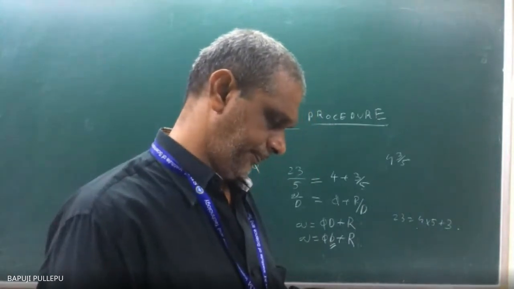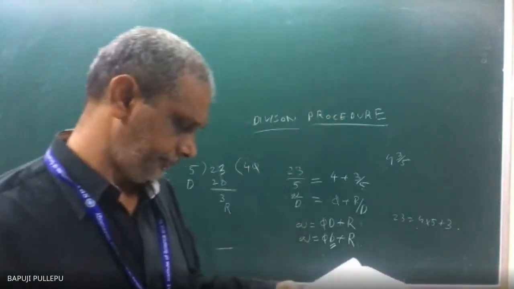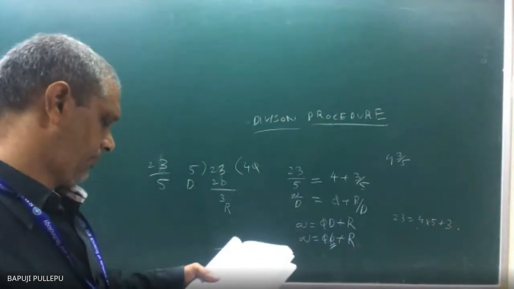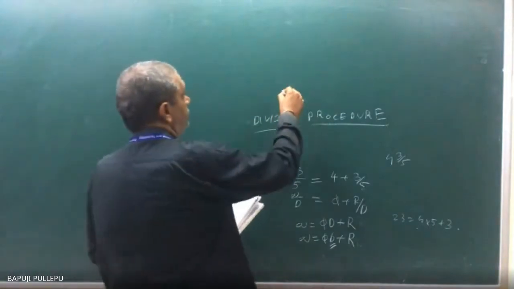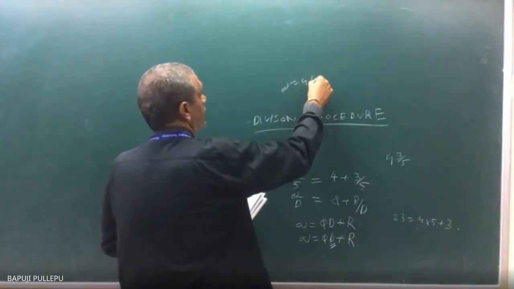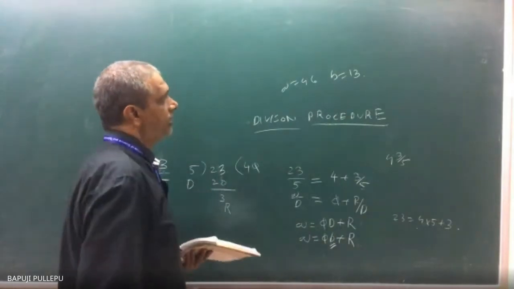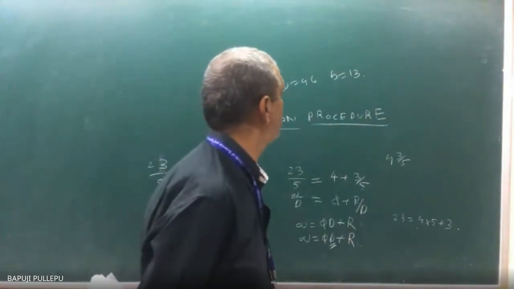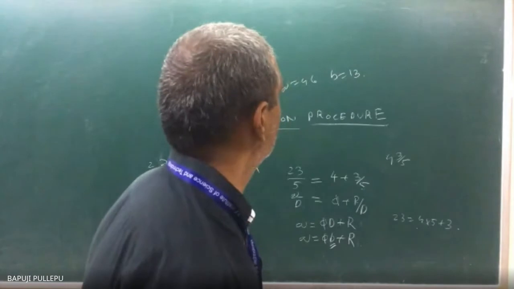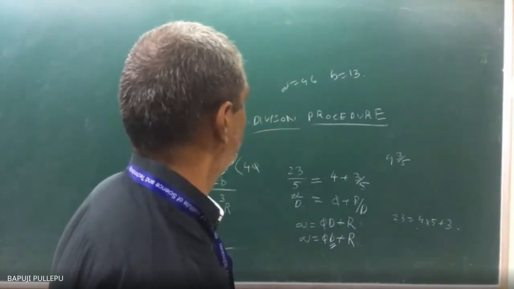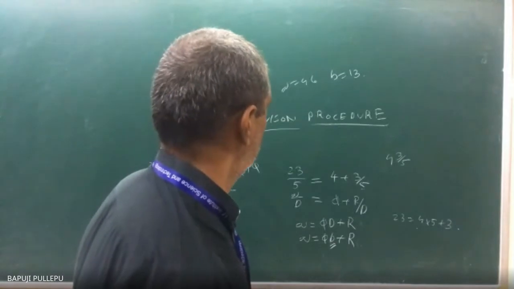Now we see an example. A is equal to 46, b is equal to 13. Then how can you write it? Tell me.